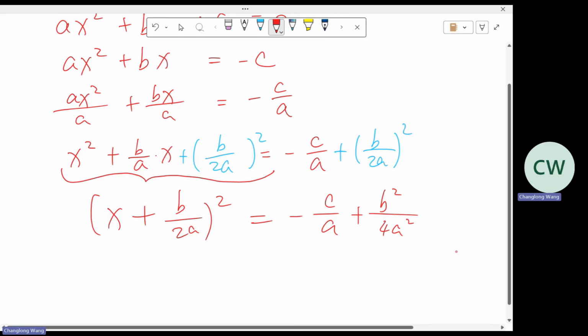What will be your educated guess for the least common multiple for a and 4a squared? Yeah, go ahead. 4. Okay. Let's put down a 4. Any more? You want to include a squared? So 4 times a squared.